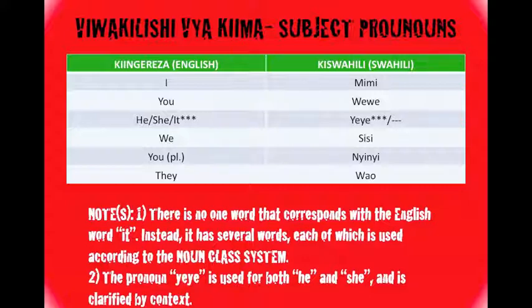Instead, it is expressed in several different ways with different words according to the noun class system. And we'll be talking about the noun class system in a later lesson as well. Secondly, as I've already said, the pronoun yeye is used for both he and she, and it'll be clarified according to the context.